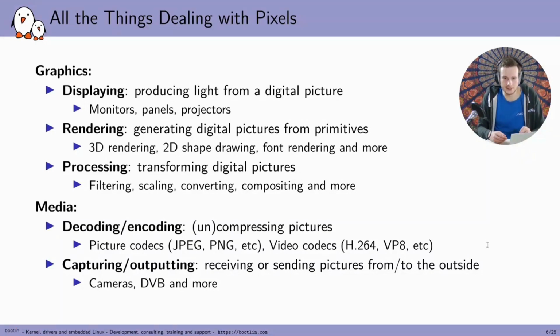Then the second type of graphics device would be rendering device. The idea is that we want to generate digital pictures basically from information like equations or what we call primitives. So that would be points, lines, triangles, and so on.